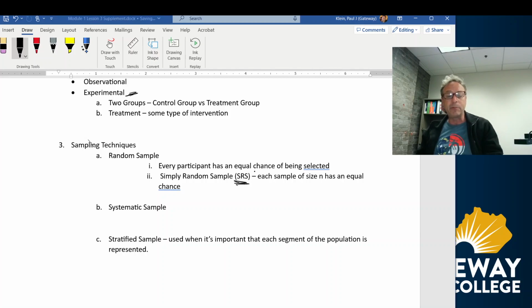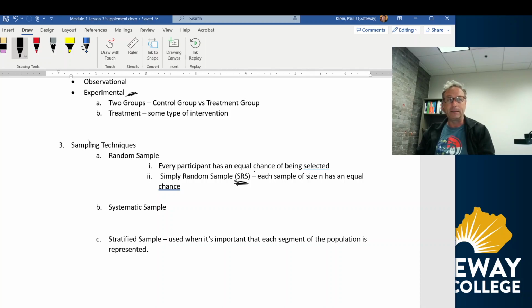Okay. Simple random sample is when each sample of the same size has an equally likely chance of being picked. In other words, if I pick 5 students out of the class, there are many different ways that I could pick 5 people. I could have 3 men and 2 women.